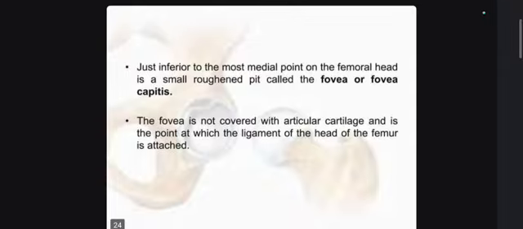Just inferior to the most medial point on the femoral head is a small roughened pit called the fovea, or fovea capitis. The fovea is not covered with articular cartilage and is the point at which the ligament of the head of the femur is attached.